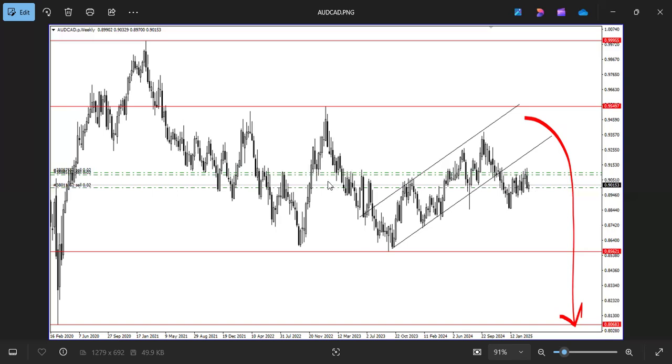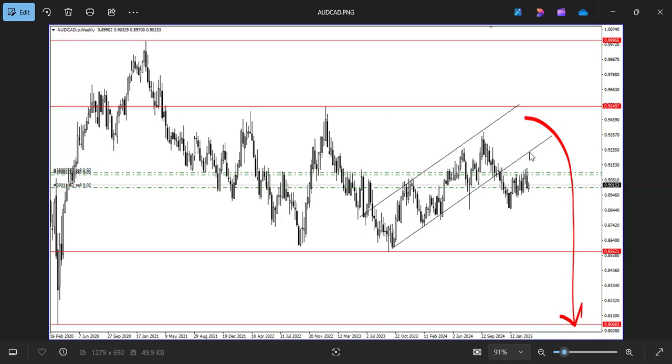As you can see, I already have some small orders without stop loss and without take profit. These are very small orders. But when I get more confirmations on higher time frame, I will be able to continue selling, especially if I confirm that price will not break this red line above. I'll be able to add in more orders.